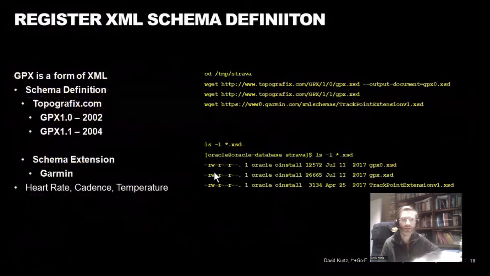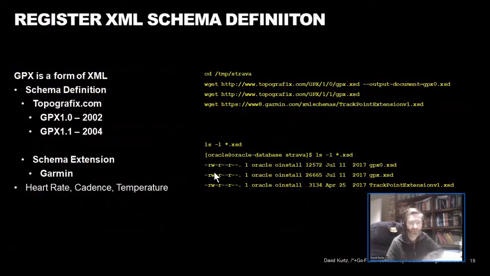So I need to register these XML schema definitions. With GPX, there's a 2002 version, and then it was upgraded in 2004. In fact, it's been very stable. No one's changed it since. Garmin have created an extension, and they store things like the athlete's heart rate, cadence, how fast the pedals are going round, and external temperature.